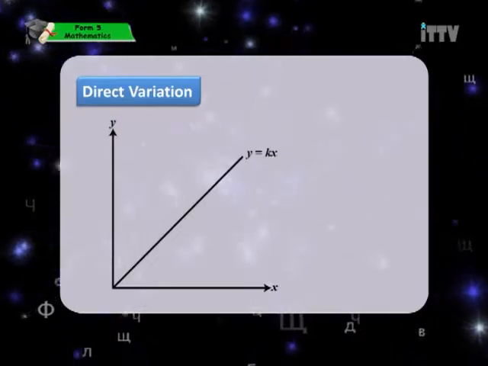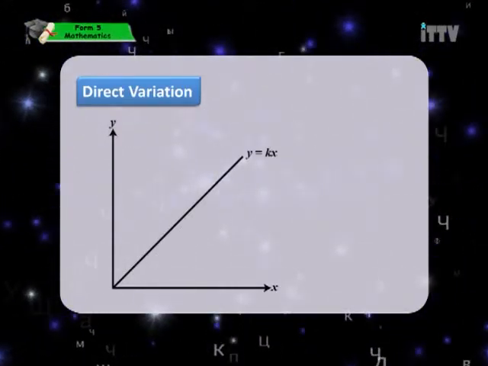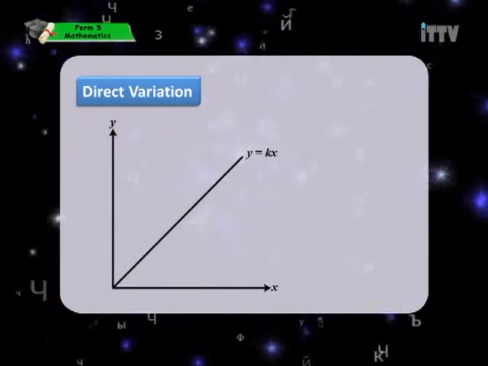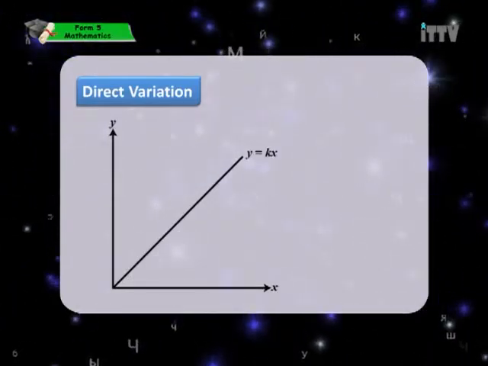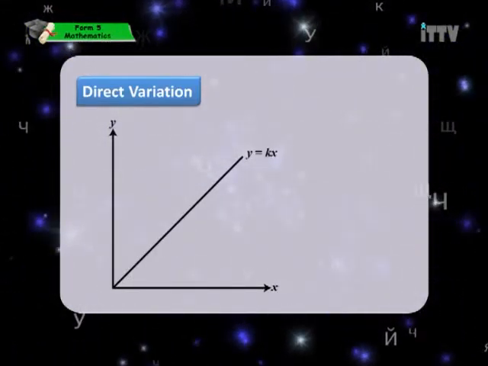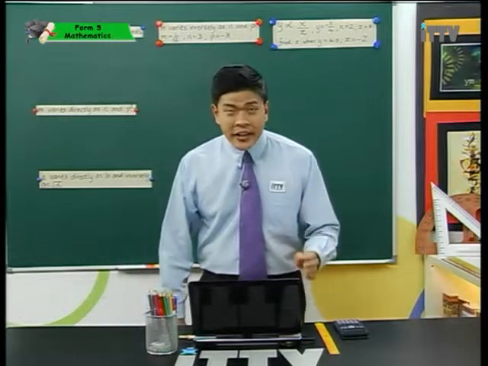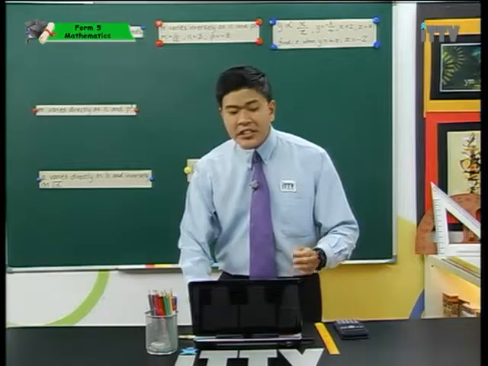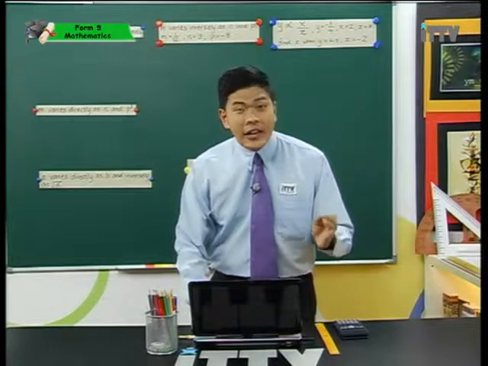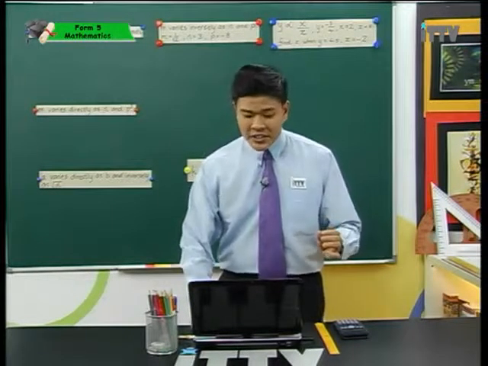So this, guys, is the graph of a direct variation involving y and x. When we put it in equation form, we get the equation y equals kx, where k is the constant of variation. So when x increases, y will increase. That is called direct variation, and vice versa.